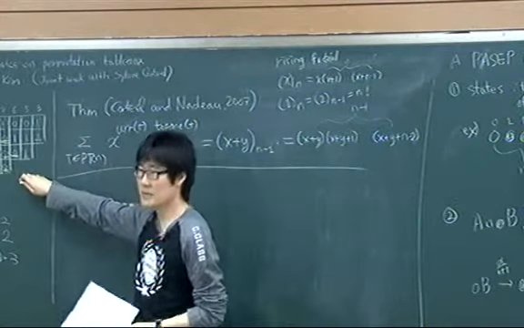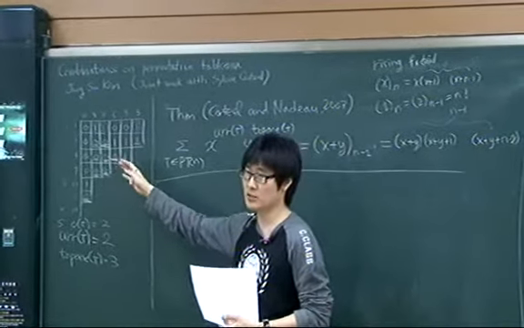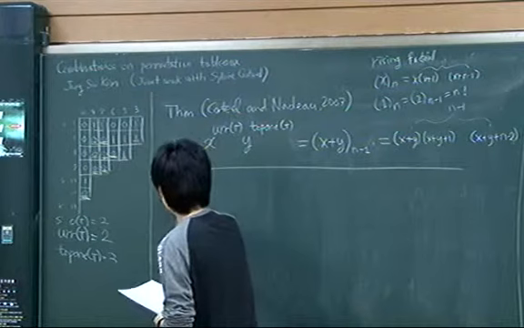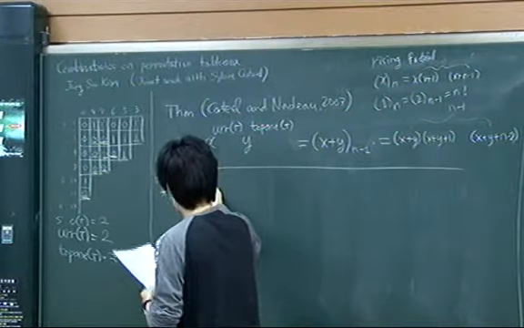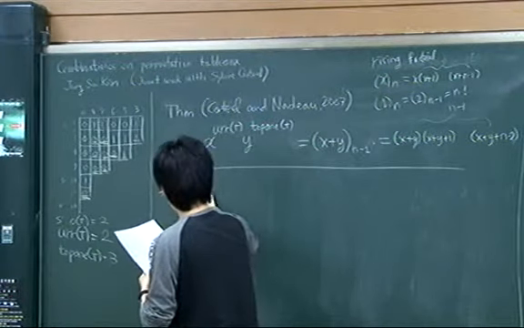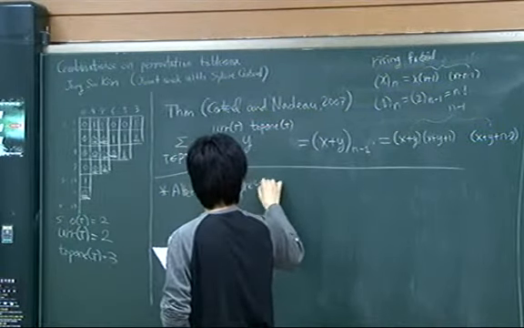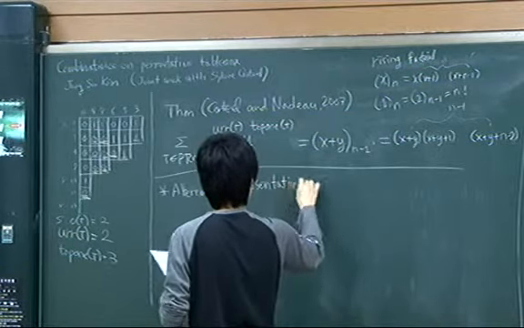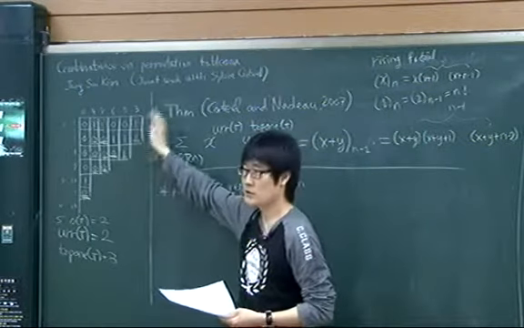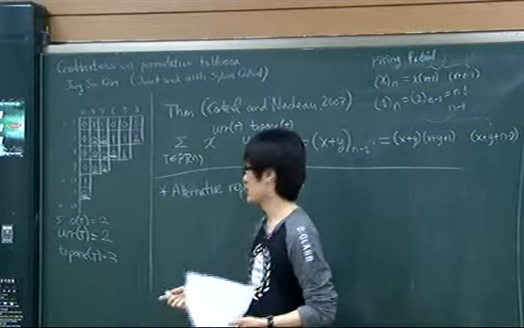For this permutation tableau, we have another representation which may look simpler. So I will write this in an alternative representation. In this representation, I will erase all the zeros and ones, and I will fill the cells with arrows.